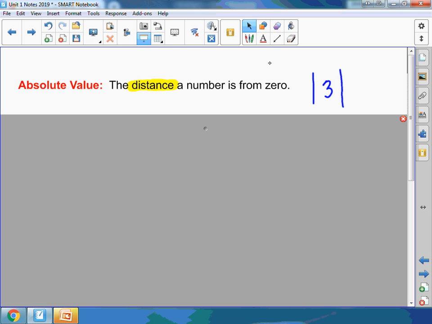What type of number, anytime you would measure distance, should you get? Not sure? Tom? Why positive? I don't know. Does it make sense?